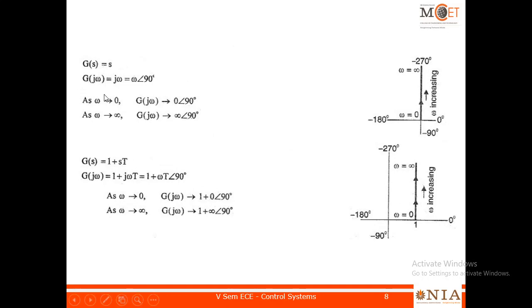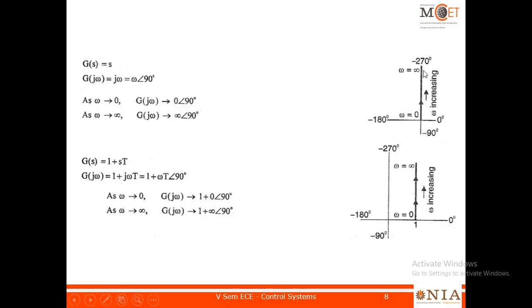Here the transfer function is only s. So G of j omega will be j omega, the magnitude is omega, and the angle is 90 degrees. At omega equal to 0, the magnitude is 0 and the angle is 90 degrees. At omega equal to infinity, the magnitude is infinity and the angle is 90 degrees. So in both cases the angle is 90 degrees, but the magnitude varies from 0 to infinity as omega varies from 0 to infinity.